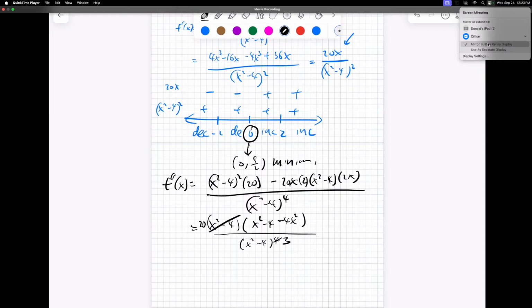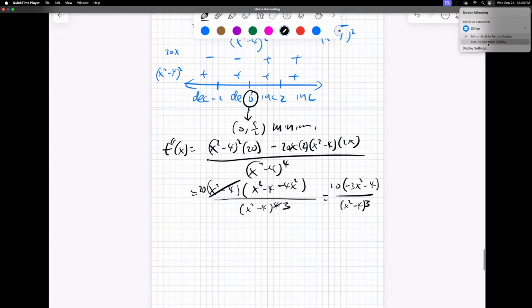Wait a second, should I have a minus sign somewhere? Oh no, I don't. So that's going to give you 20 times negative 3x squared minus 4, all over x squared minus 4 to the third. Can I factor out a negative sign outside?